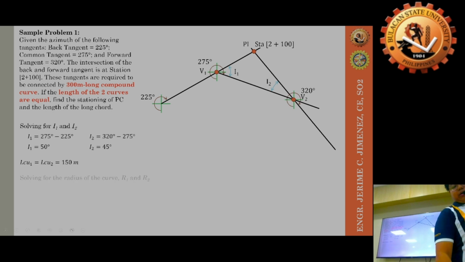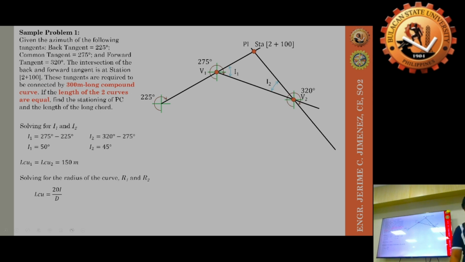Okay? So we can now solve for the radii of curvature R sub 1 and R sub 2. Where do we get that? What formula? R I pi over 180 is possible. But what I used here is the chord basis, that is LCU is equal to 20I over D. But the arc basis is also possible. So why this? There is no radius in it.